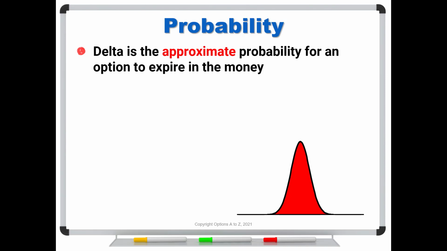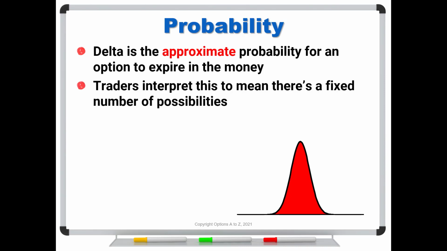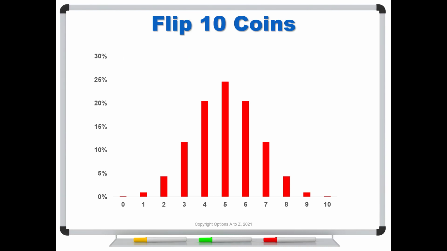But there's an even bigger issue, and that is that traders interpret this whole idea of probability to mean that there's a fixed number of possibilities. In statistics, we sometimes call this a well-behaved distribution. For instance, if we flip a coin 10 times, this is what we get. There's a very low probability of getting, let's say, 0 heads, and an equally low probability of getting all heads.